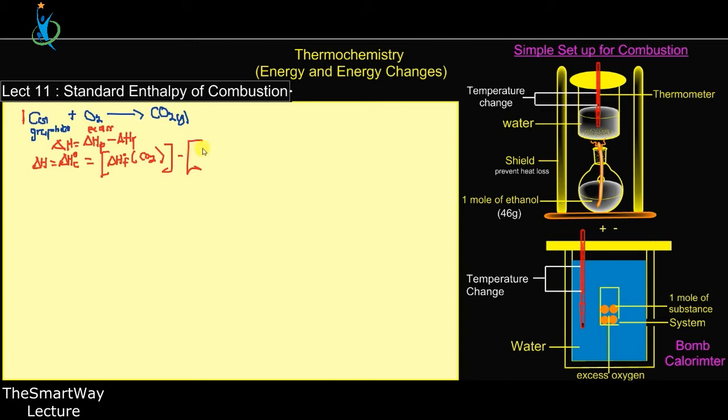And so we are going to get the standard enthalpy of formation of the solid carbon, and then plus the standard enthalpy of formation of this symbol, because that means standard formation of what?